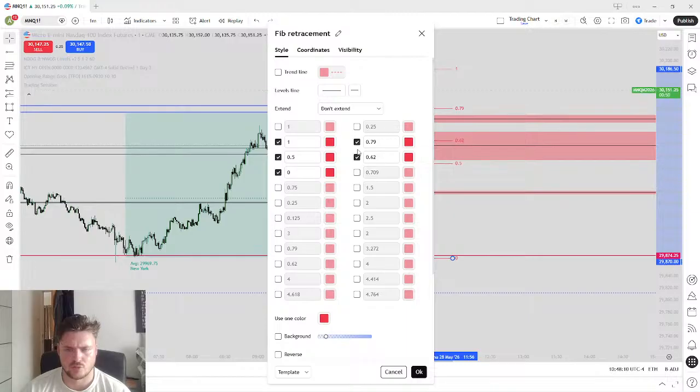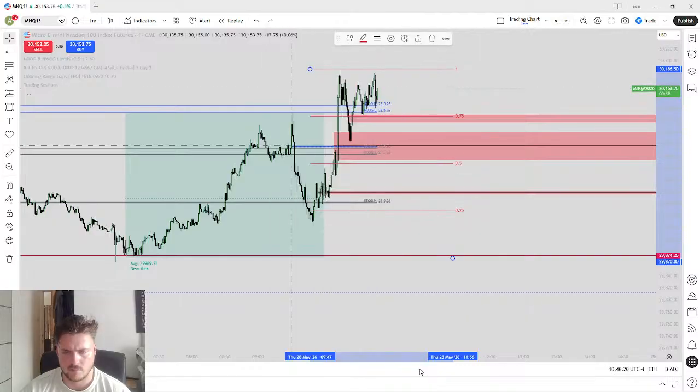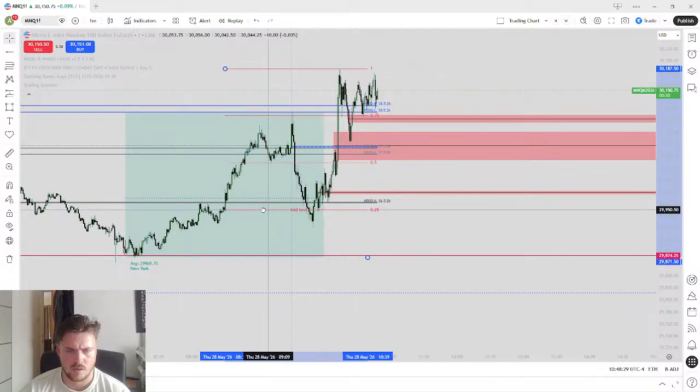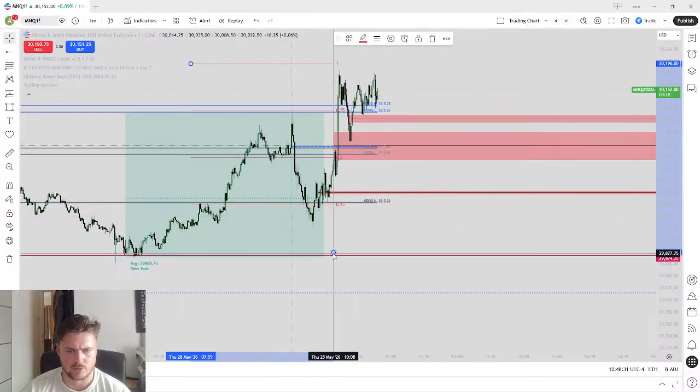And I've been using it for the fair value gap mechanism. You want 0.75, 0.25, and 0.5. And you want the fair value gaps to form around these levels for projections of how price can go.